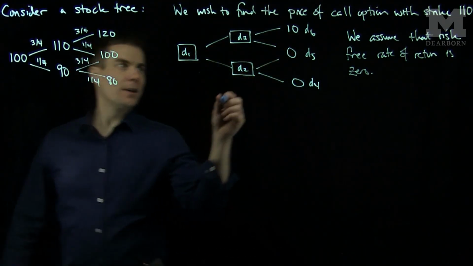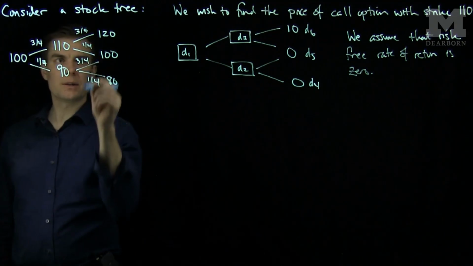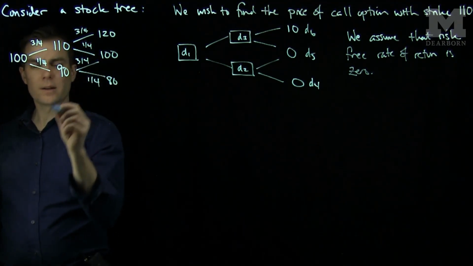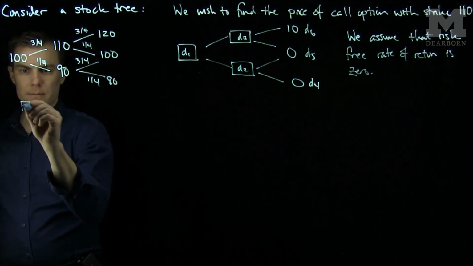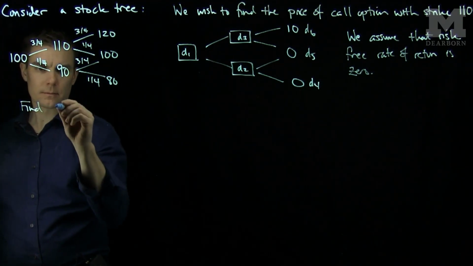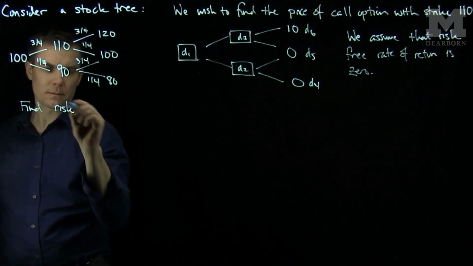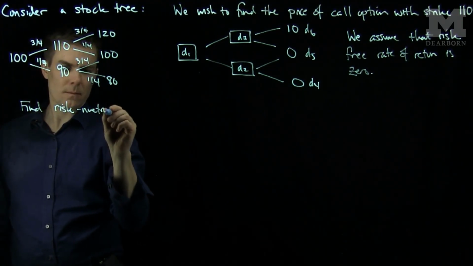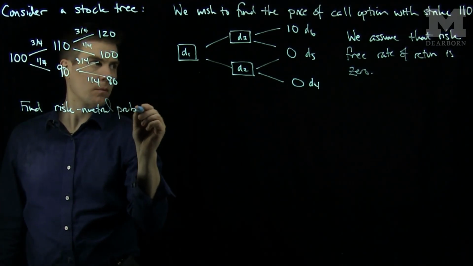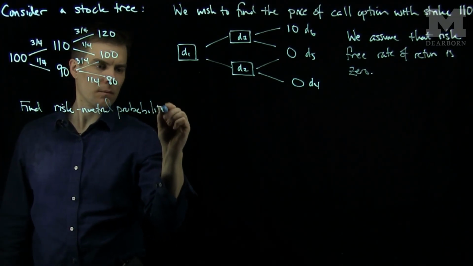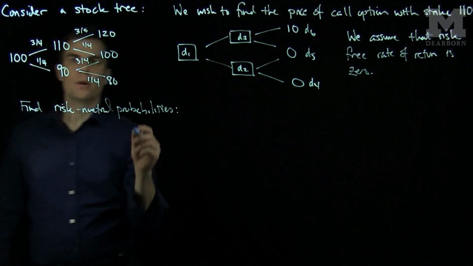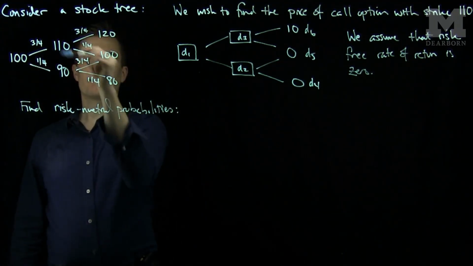So we will find our risk-neutral probabilities at every juncture.